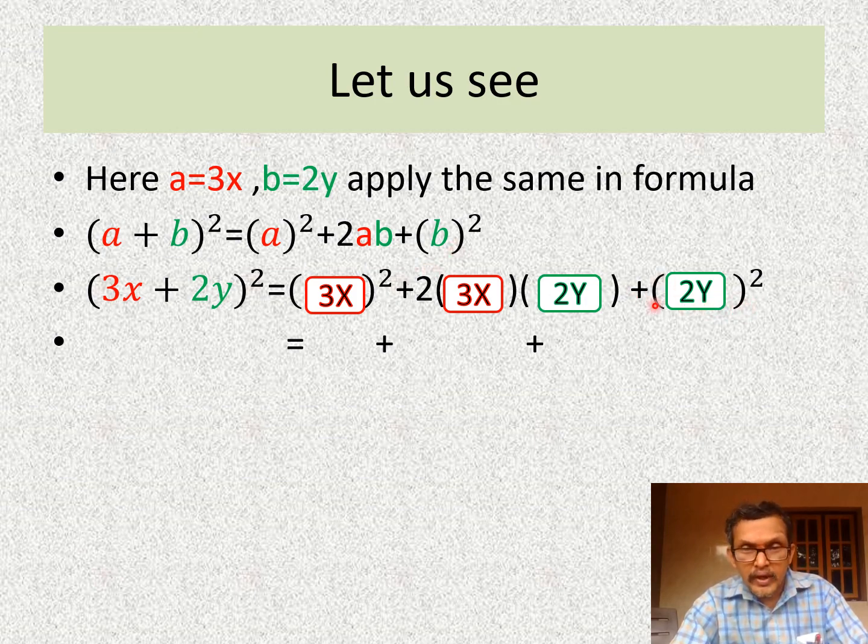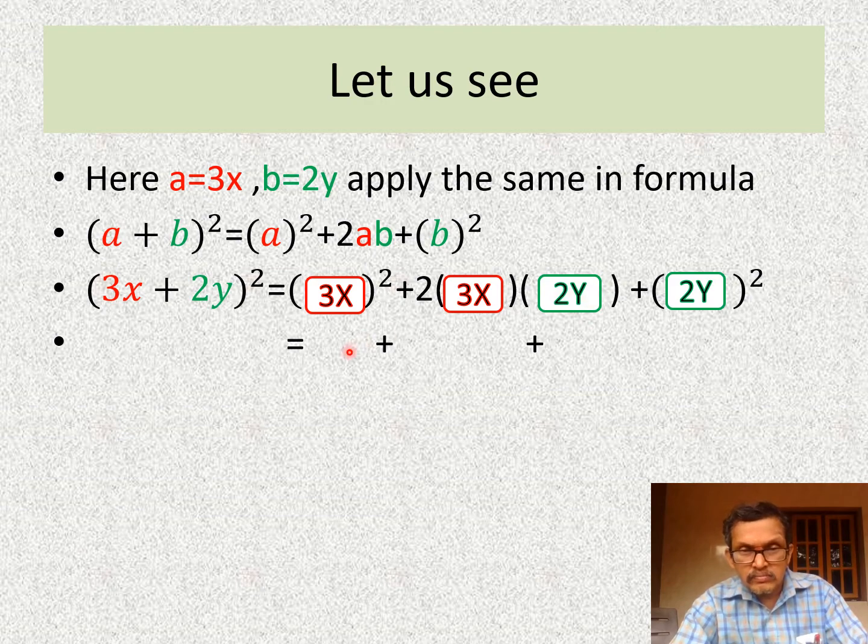Therefore the bracket is very important. And this box is not necessary. To understand the substitution and to make it attractive, I have put this type of box. No need of putting a box.